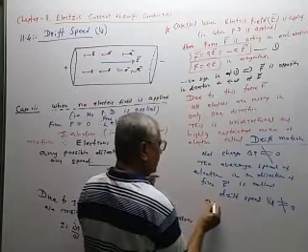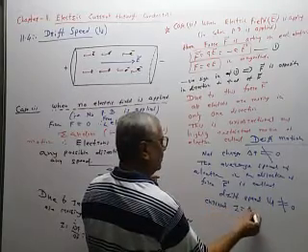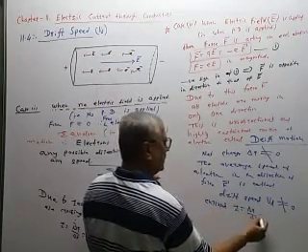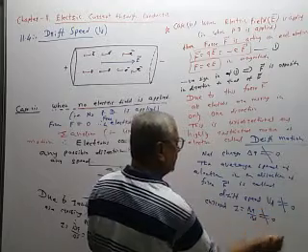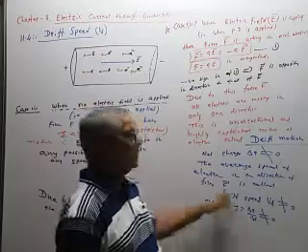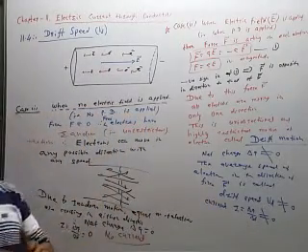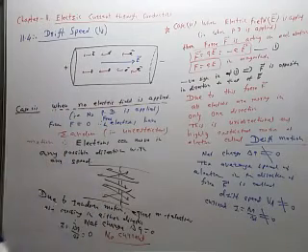Therefore current I is equal to delta Q by delta T, which is not equal to 0. Electric field is applied, there is a current. No electric field is applied, there is no current. So these are the two cases. Actually, this is the explanation of Ohm's law.